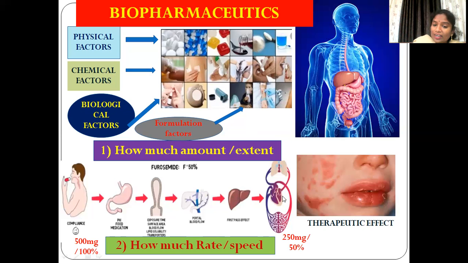Most of the students study only up to there, but it does not end here. Biopharmaceutics means using this information, how much amount is reaching the systemic circulation and at what rate, to optimize our drug.